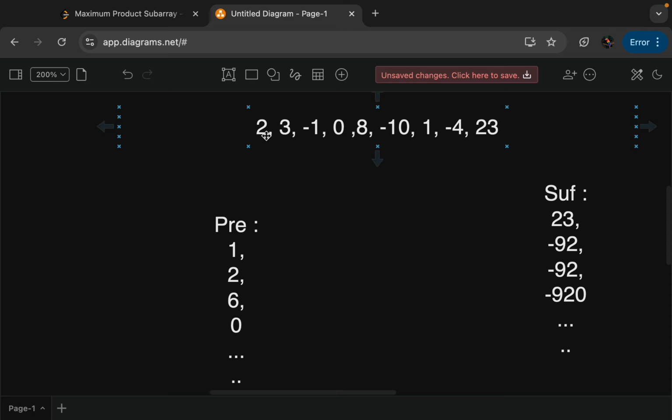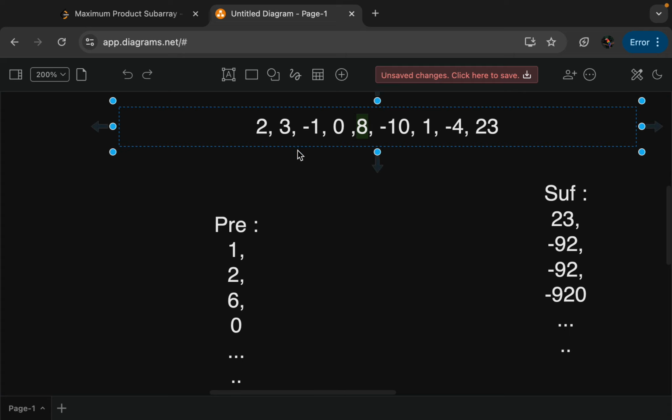So in this way we will keep multiplying the numbers. When we have encountered a 0, we will reset the prefix to 1, and we will find the prefix as 8 for minus 10. We have virtually divided the array in two parts if there is a 0 in the array.